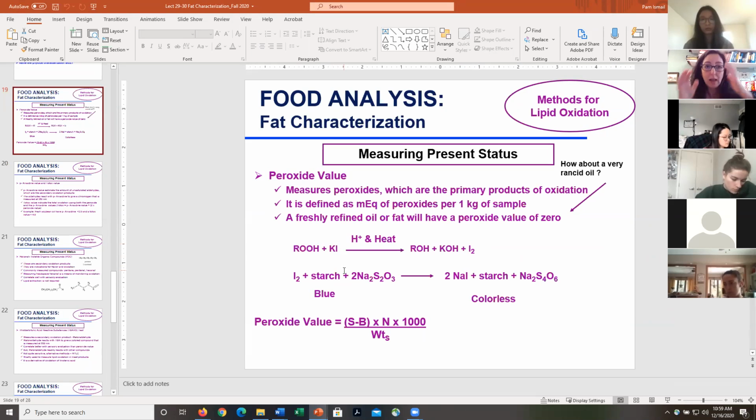These methods you did in the lab, so I really want you to remember what reagents you've used. You don't have to remember chemical structures. Just say that peroxides will react with potassium iodide to give iodine. The iodine will be titrated in the presence of an indicator. The more iodine you have, the more peroxide you have in the sample. And peroxides are measured as milliequivalents per kilogram of sample.